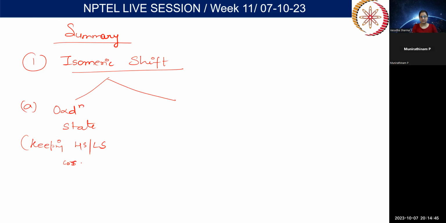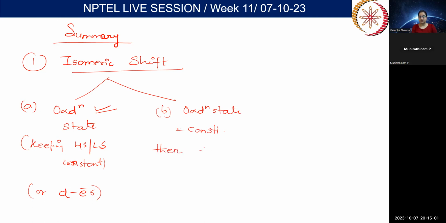This should be the same. So you just have to see the oxidation state or d electrons. And if the oxidation state is constant, then check whether strong field ligands or weak field ligands are there.